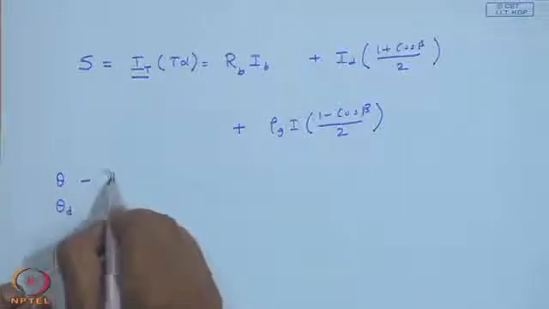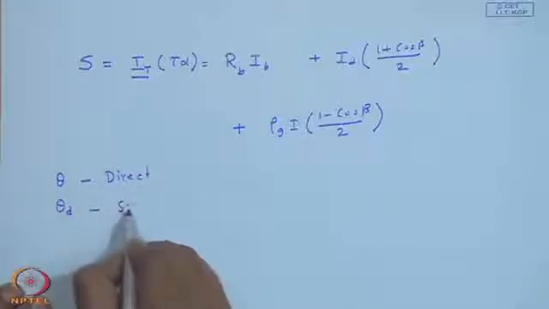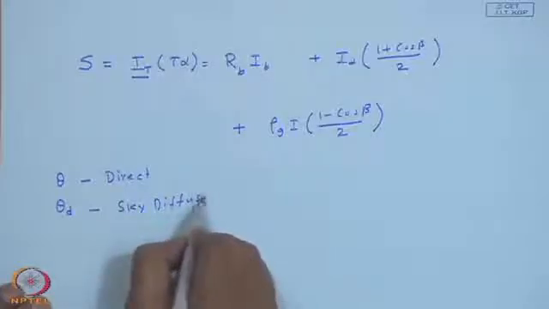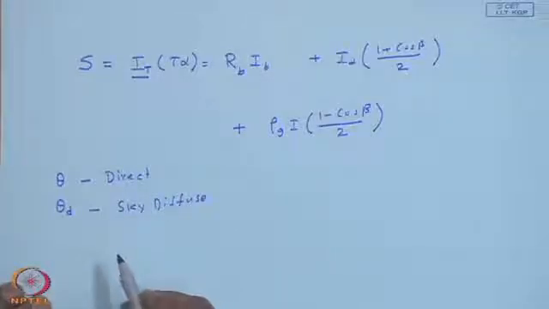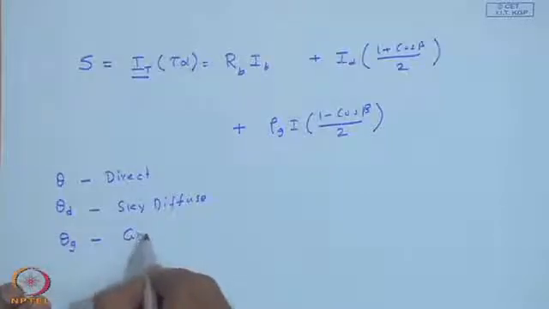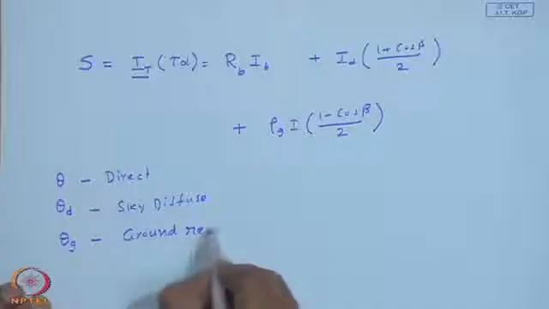This is for direct, this is for sky diffuse. Now, the ground reflected radiation is similarly also diffuse radiation. This will be effectively striking the surface at an angle of incidence of theta g.